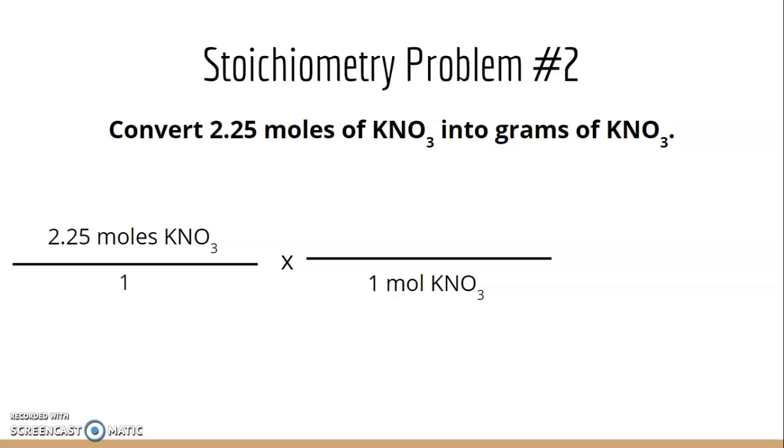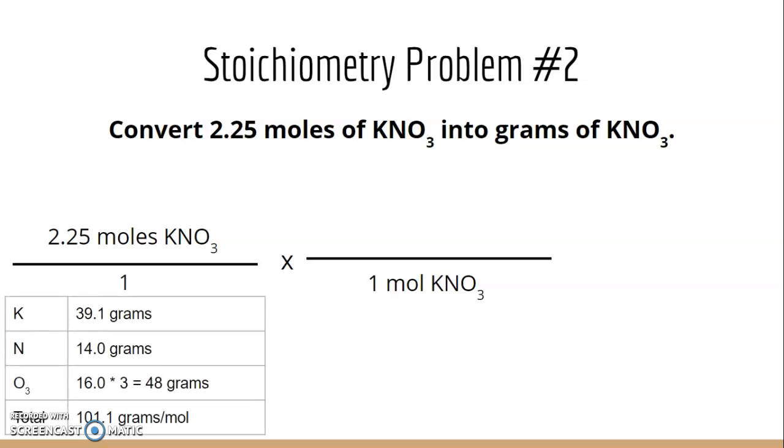So in the numerator, we know that we're going to have to put a grams value of the KNO3 because that is what we want to end with. And in order to understand how to get a grams value, we are going to have to calculate the molar mass of KNO3. And you can get these values from your periodic table.